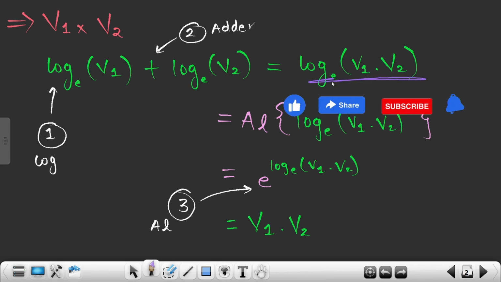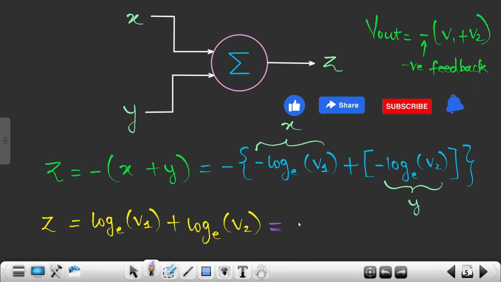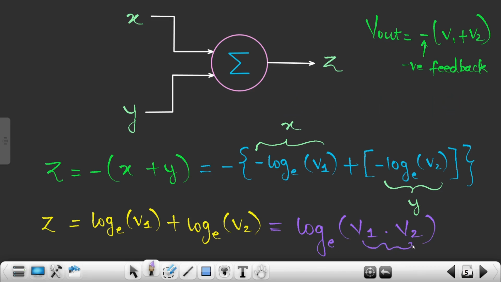It can also be written as log of v1 times v2, right? Log of v1 times v2, obviously to the base e, right? Getting my point? So you see, we are able to get the multiplication of the two input signals, but we have this log term involved over here.